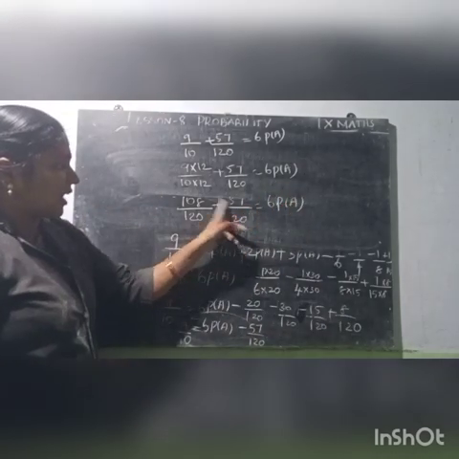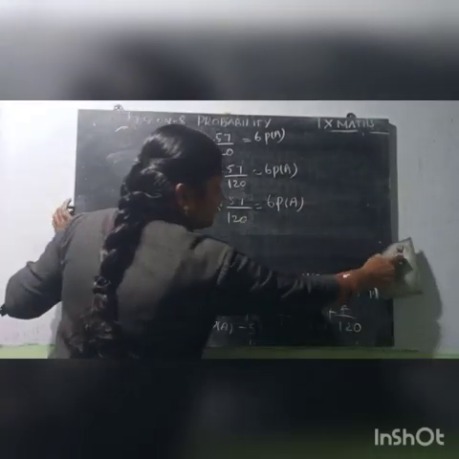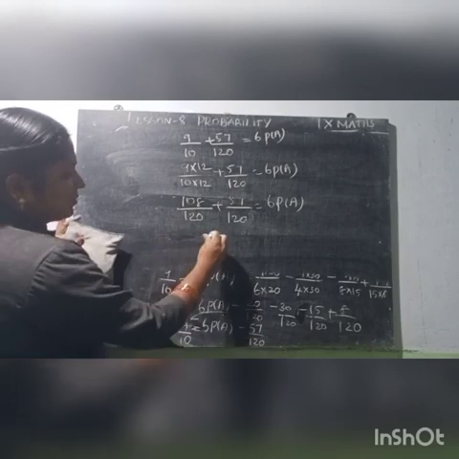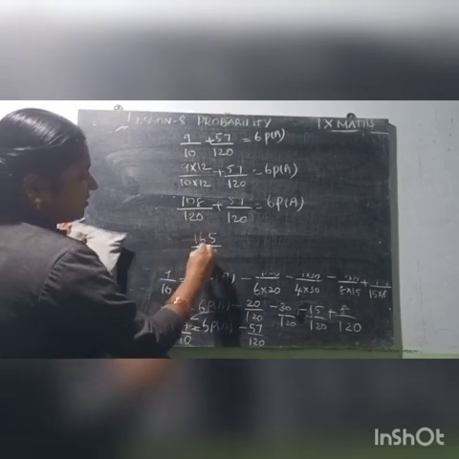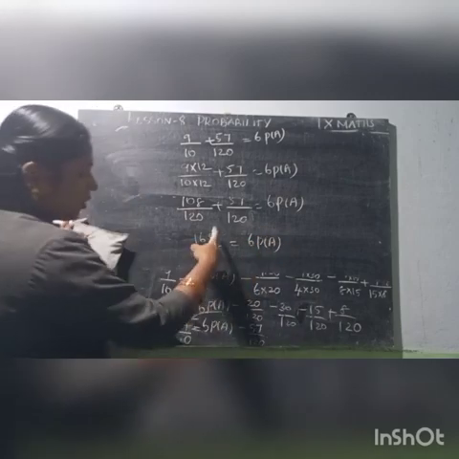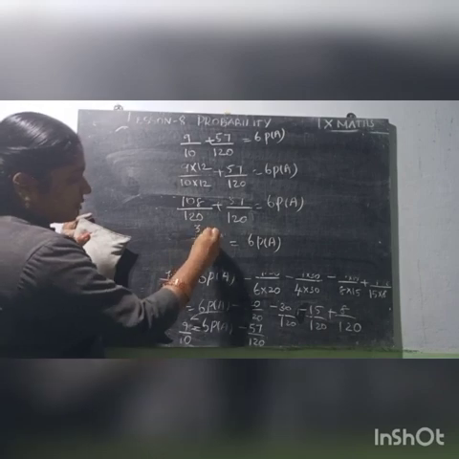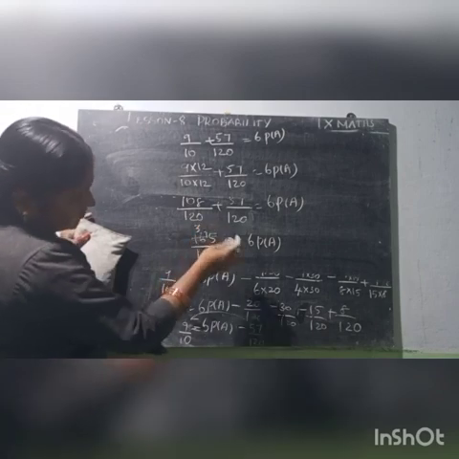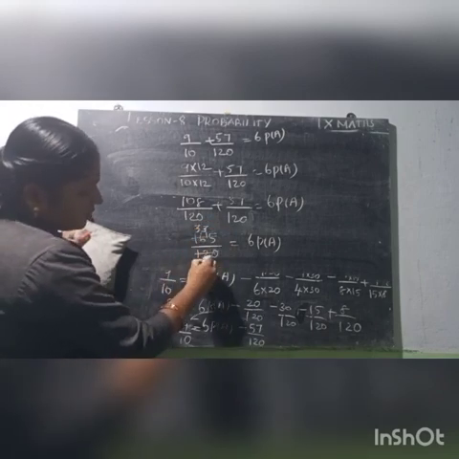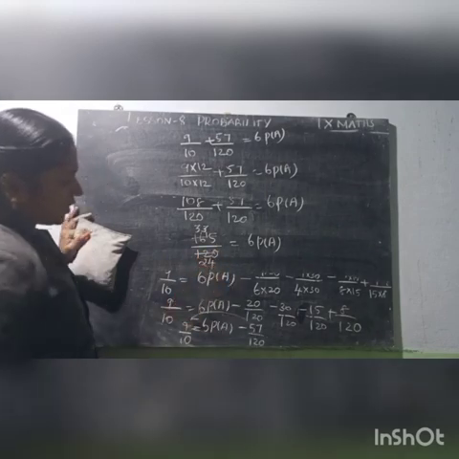Same denominator, add the numerator values, so you will get 165 divided by 120 equal to 6 P of A. Now we can cancel by 5 table this side. So 3 times 5, 3 times 33 here, 2 times and 4 times, so 24.